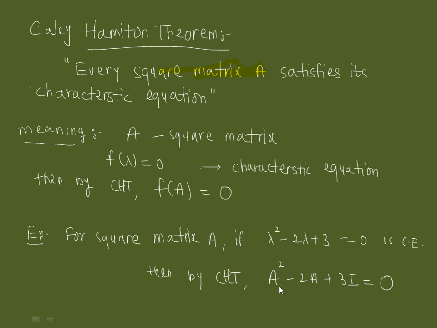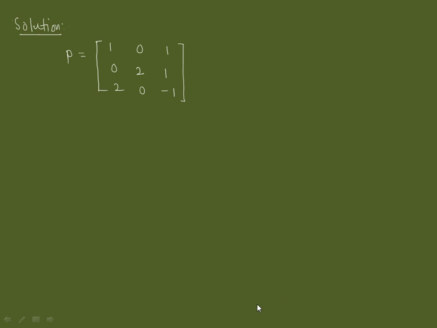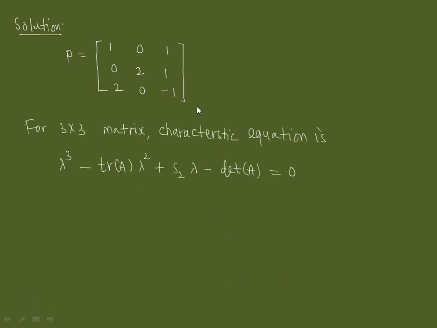So solving this problem is nothing but we have to find the characteristic equation. This is your matrix, a 3 cross 3 matrix. Now we will find the characteristic equation for this matrix.